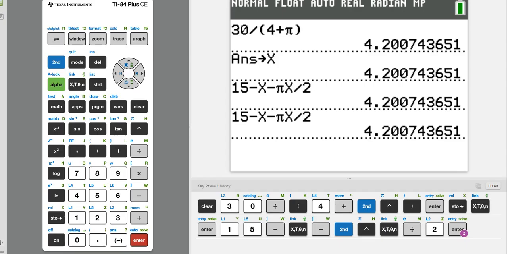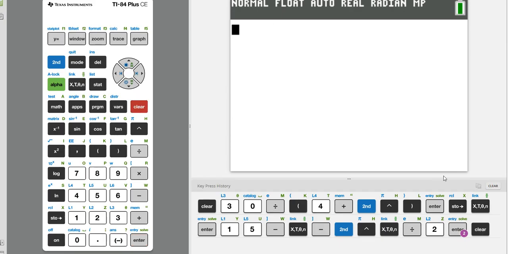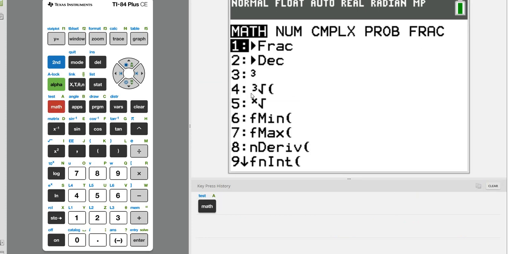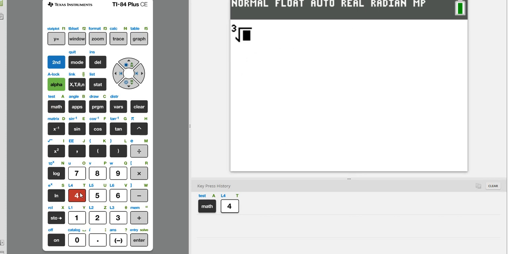For this one, I'm going to go back to my calculator. Let's clear out a bunch of stuff here. Just a quick reminder where you can find the cube root: it's underneath the math menu. So math, and then the fourth option down is your cube root. And I'll get really fancy here. I'll hit the alpha key, then the y equals key.